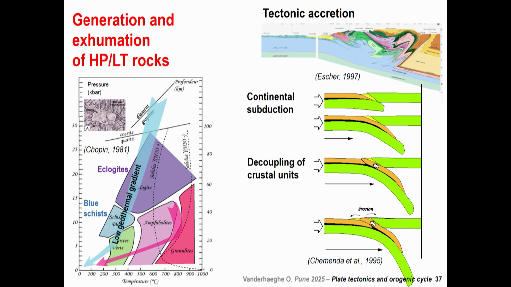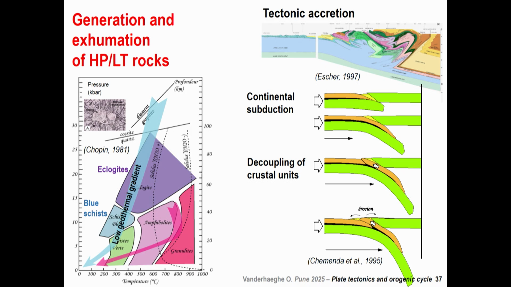And this guy, Shemenda, a Russian guy, managed to drag the continental crust with the lithospheric mantle, but then at some point he managed to decouple mechanically the brown from the green, and that's related to the presence of this weak layer in black, but also to the buoyancy of the brown. The brown is less dense, more buoyant than the green.